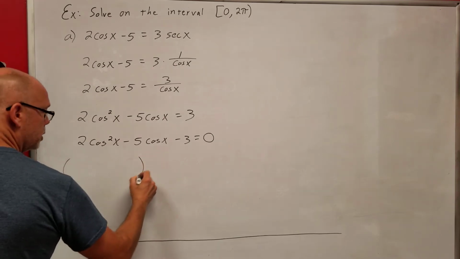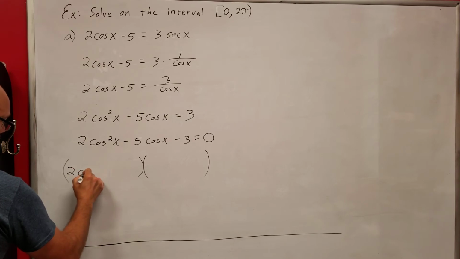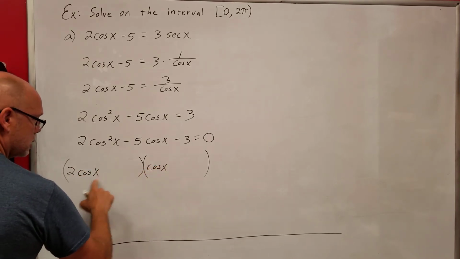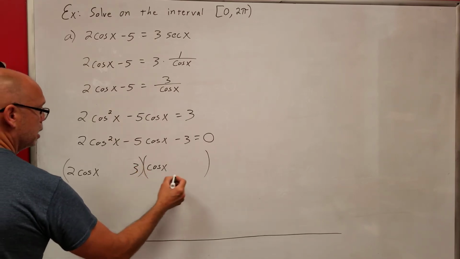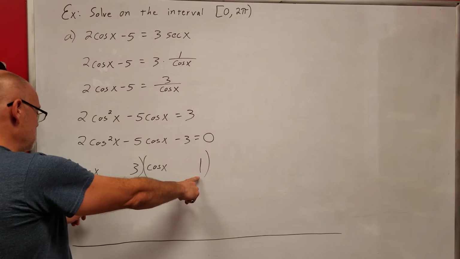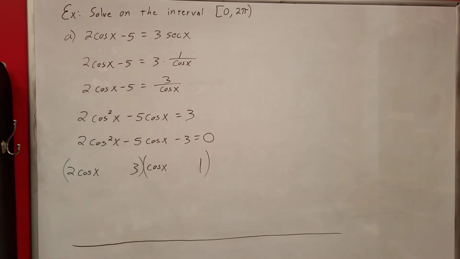Let's see. I'm going to open up my 2 parentheses here for my 2 binomials. 2 times cosine of x times the cosine of x will give me 2 cosine squared. All right, let me see how I can arrange terms here. Maybe I could put 3 right here and 1 there to give me 3, right? Now, if I multiply outer, I get 2 cosine of x. Inner, I get 3 cosine of x. Is there any way I can arrange that?